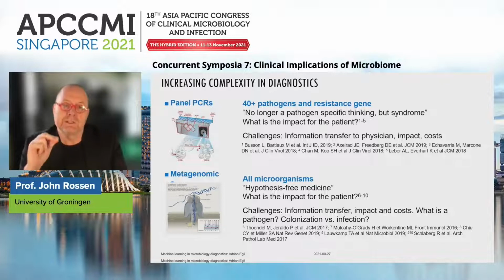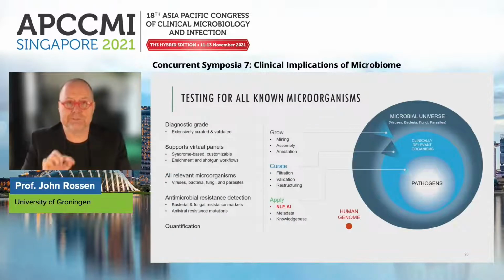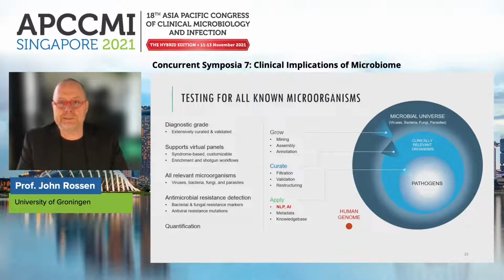So how do we report the results? Well, it all starts with having a diagnostic grade database. There are a lot of things that we detect, a lot of microorganisms, but we need to fish out those that are clinically relevant, and then maybe even go to the ones that are known to cause diseases.